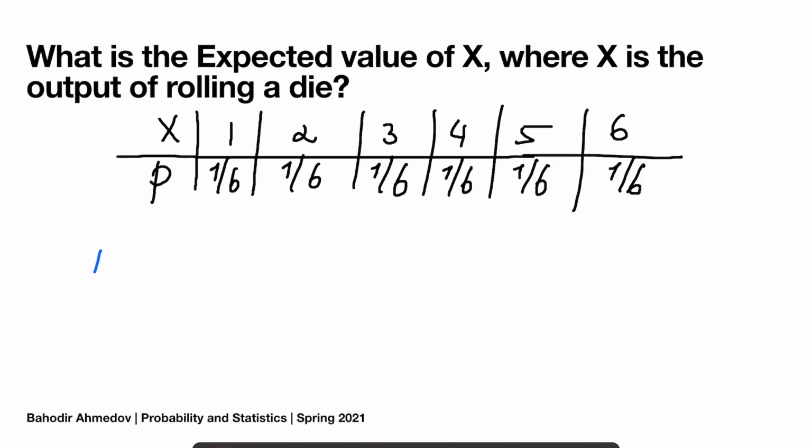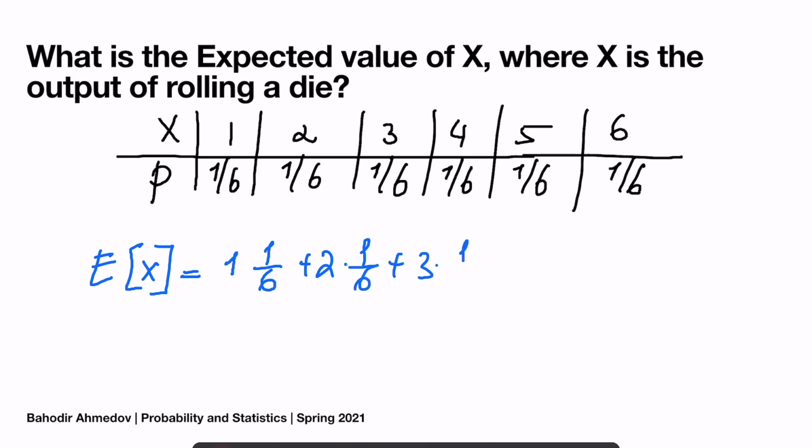If you would like to find the expected value of x, it is going to be equal to 1 times 1 over 6, 2 times 1 over 6, 3 times 1 over 6, 4 times 1 over 6, 5 times 1 over 6, 6 times 1 over 6. And this is going to be the sum of all of the numbers from 1 to 6 divided by 6, right? So what is the sum of all of the numbers from 1 to 6?